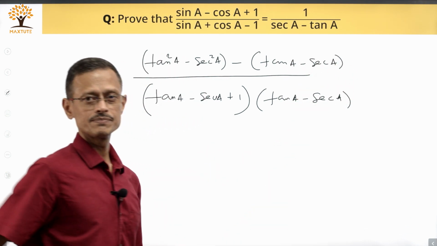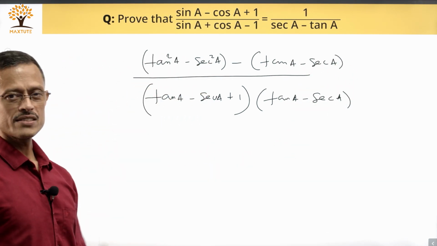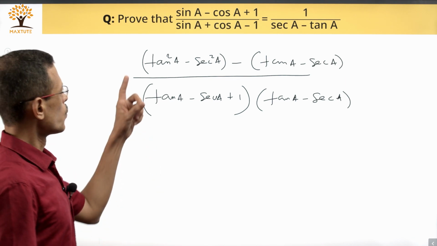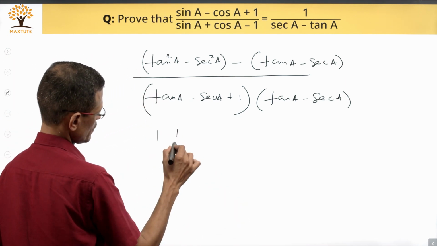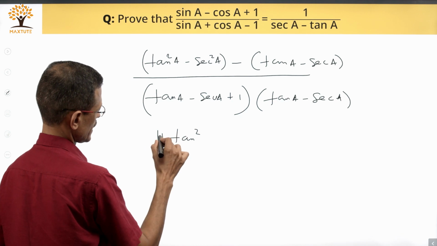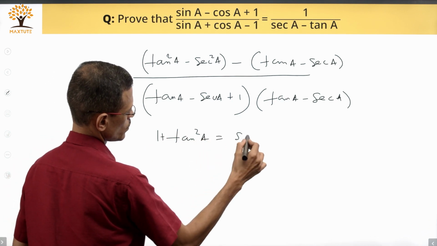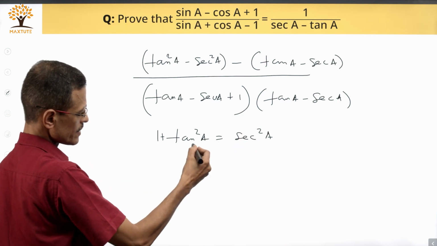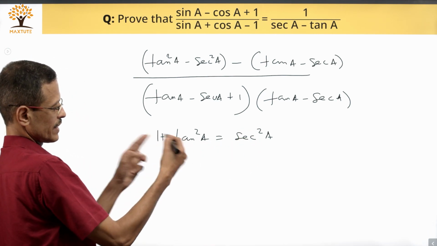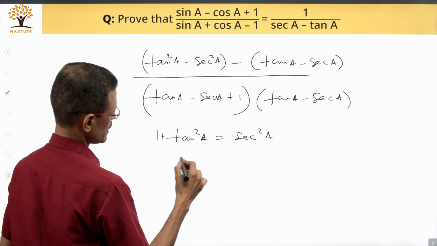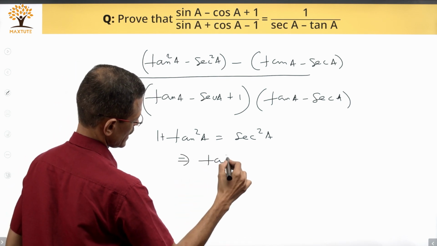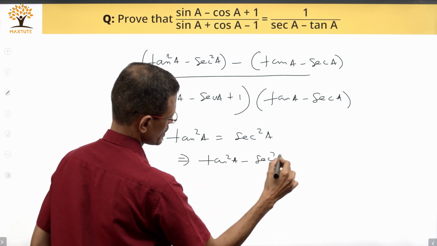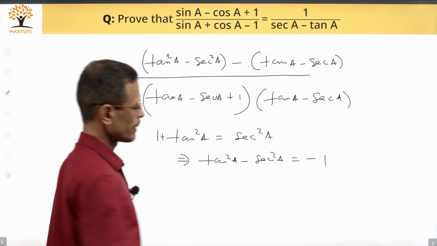This is what we have. Tan square A minus secant square A. We know 1 plus tan square A is equal to secant square A. So, taking the secant square A to the left hand side and the 1 to the right hand side will result in tan square A minus secant square A is equal to minus 1.